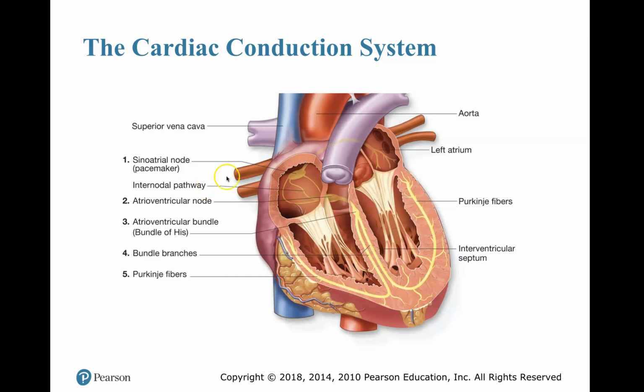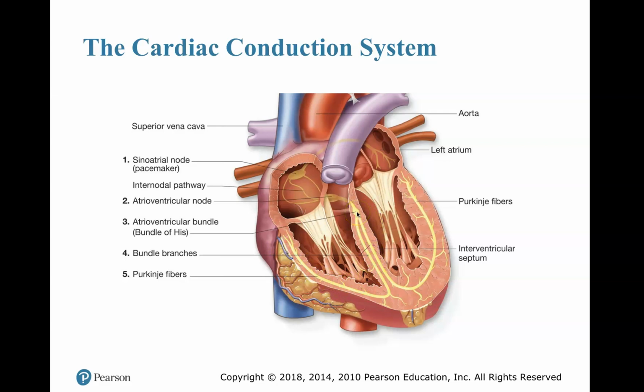And then you have the internodal pathways, which are those yellow branches I was telling you about. And they connect to the next node, which is the atrioventricular node, or what we like to call the AV node. So the electrical impulse from the heart starts at the SA node, goes through the internodal pathways to the AV node, and then it is sent through, you can see the conduction system here.